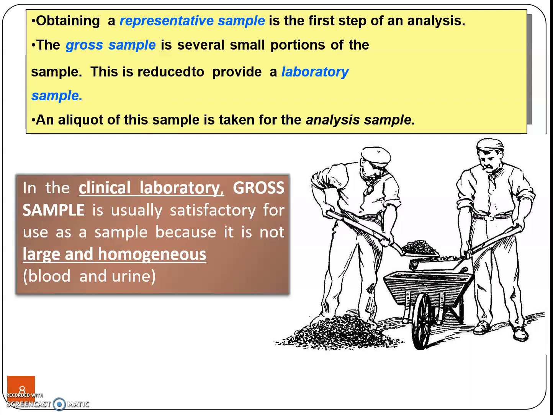First we take the representative sample, for example the area of so many square meters, calculated, and that is the representative sample. Then the gross sample is a small portion of that sample. There are techniques for this, which we will look at next. Then that gross sample is reduced to the lab sample. So the lab sample is small in size, and after the process we believe it is representative and homogeneous.